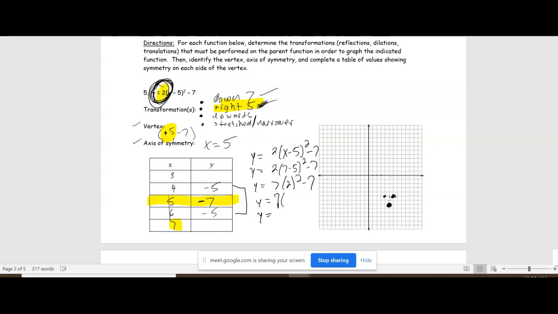Ooh, that's bad. 7 times 4 then, minus a 7. Wow, this doesn't seem right. Did I do that right? Oh, I can't read my own handwriting, sorry. These are 2s. That's going to look better. And then we should get 8 minus 7, which should be a 1. So we would be here, here, and then we can draw our parabola.